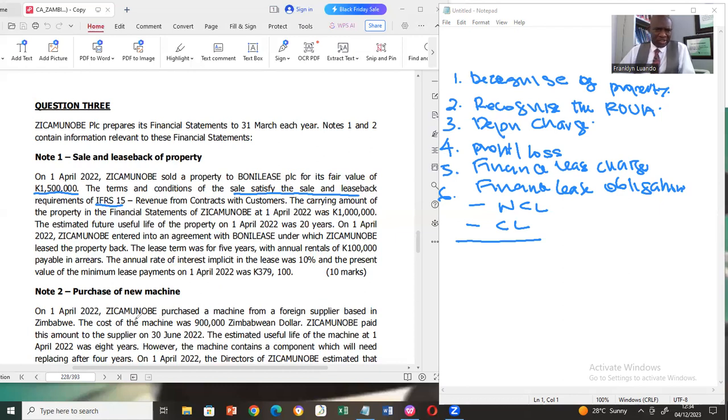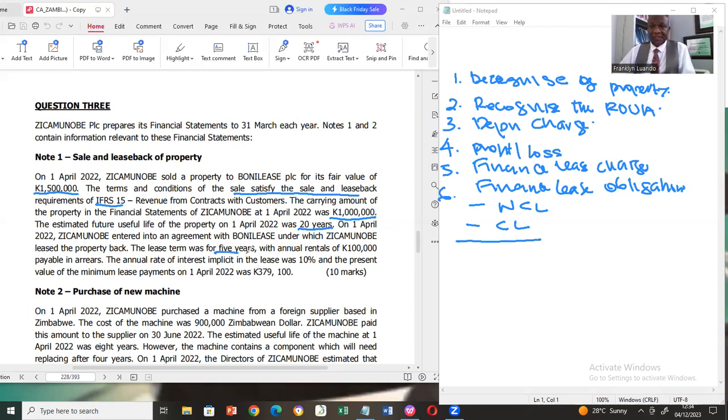The carrying amount of the property in the financial statements of ZICA Munobe at 1 April was 1 million kwacha. The estimated future useful life of the property on 1 April is 20 years. On 1 April 2022, ZICA Munobe entered into an agreement with Bond Lease, under which ZICA Munobe leased the property back. The lease term was 5 years.